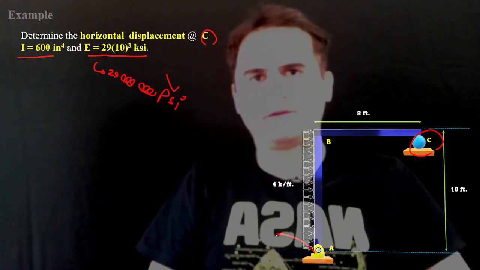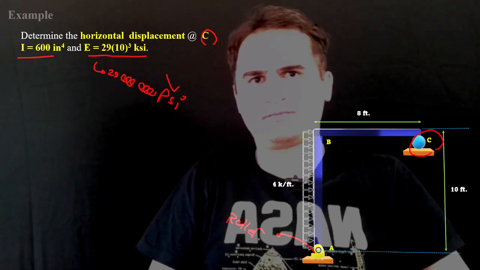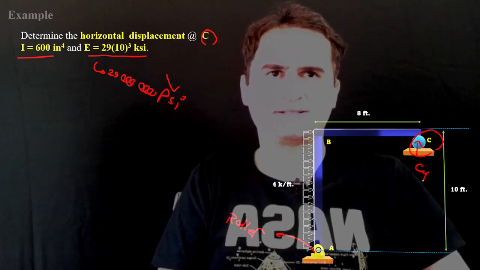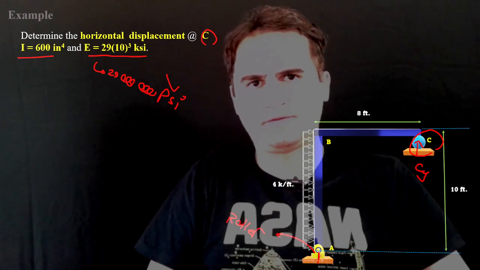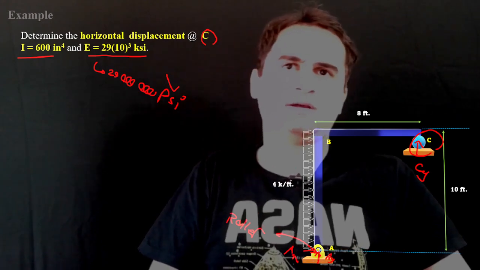So we do have a roller, a ball support like C_y. We do have A_y and A_x.